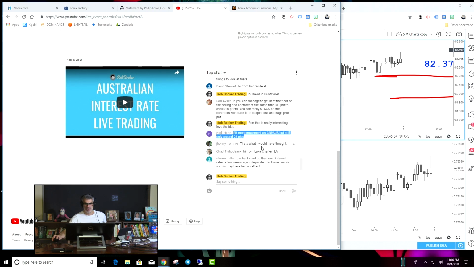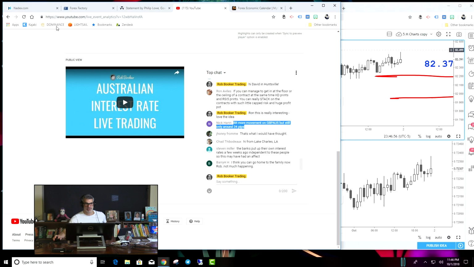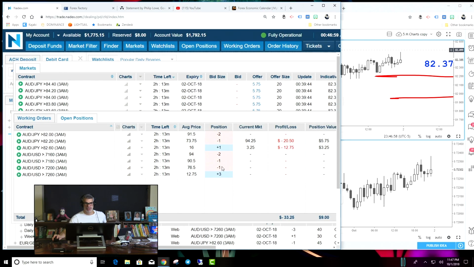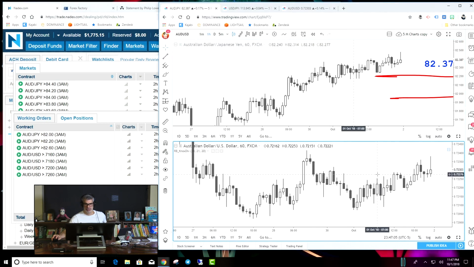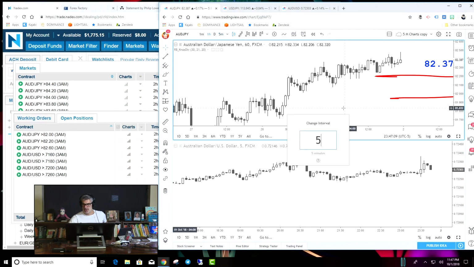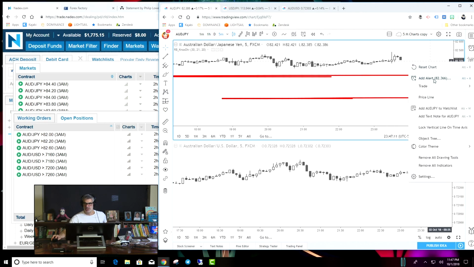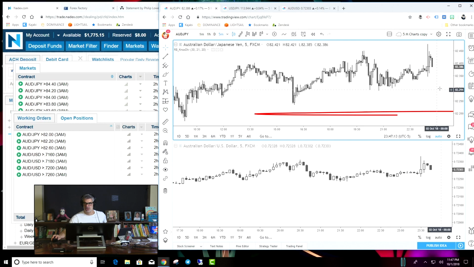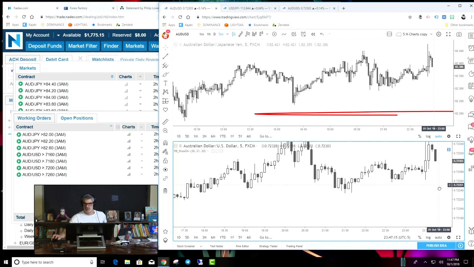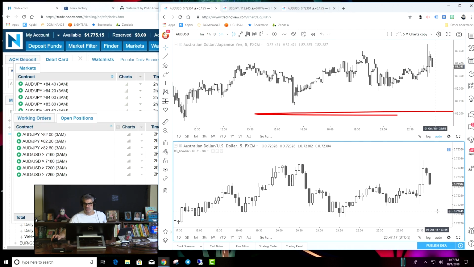Bit of movement on the pound Aussie, but still only around 24 pips. Yeah, and all of our contracts with 2 hours left to go are basically just sitting around doing nothing. What a bunch of lazy contracts here. I mean, price is coming off the highs here. And you can see the 5-minute charts are so slow.